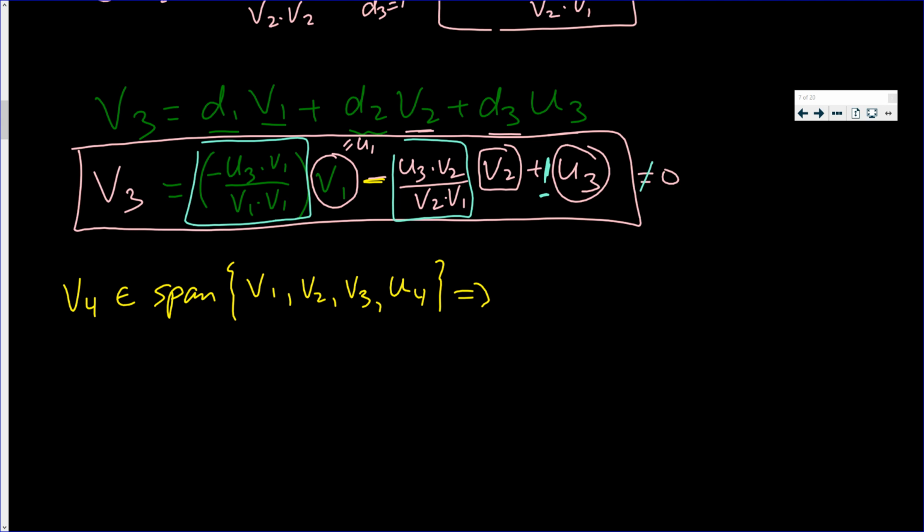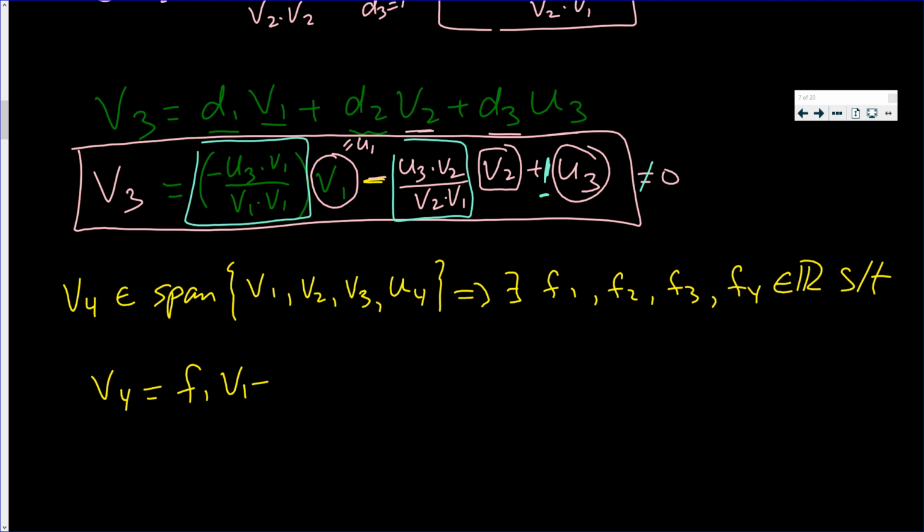That implies that there exist F1, F2, F3, F sub 4, all in the reals, such that V4 is equal to F1 V1 plus F2 V2 plus F3 V3 plus F4 U4.